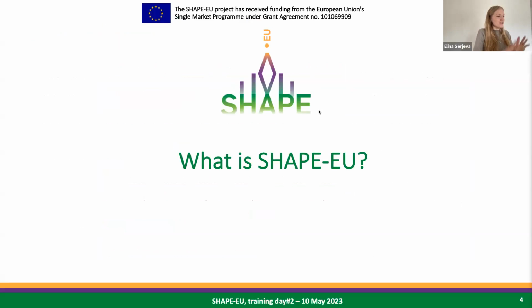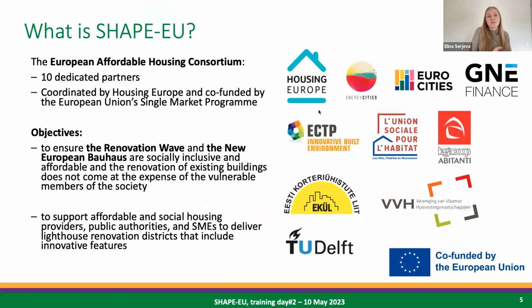Some of you are probably not aware of what SHAPE EU is, so let me give you a quick introduction. The European Affordable Housing Consortium, that's SHAPE EU, has 10 dedicated partners working for 2 years on this project. We are coordinated by Housing Europe and co-funded by the European Union's Single Market Program.